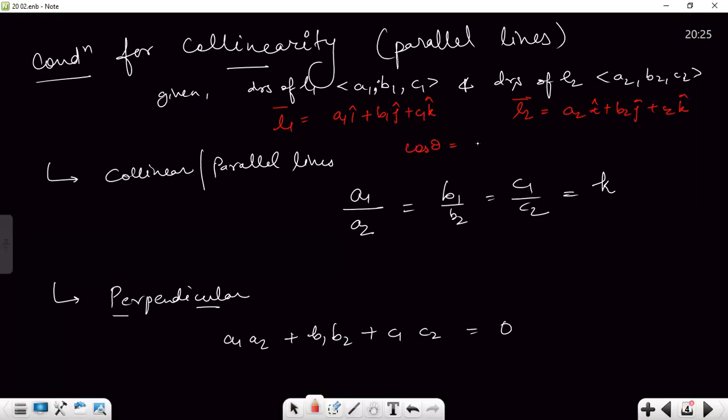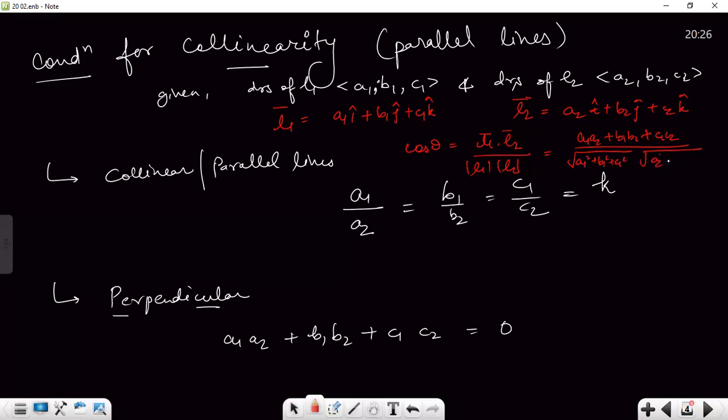The formula for the angle is L1 dot L2 divided by L1 magnitude times L2 magnitude. Now L1 dot L2 is A1 A2 plus B1 B2 plus C1 C2, because all those coefficients of i cap will get multiplied with i cap, j cap will get multiplied with j cap similarly. The magnitude of L1 is root of A1 square plus B1 square plus C1 square.